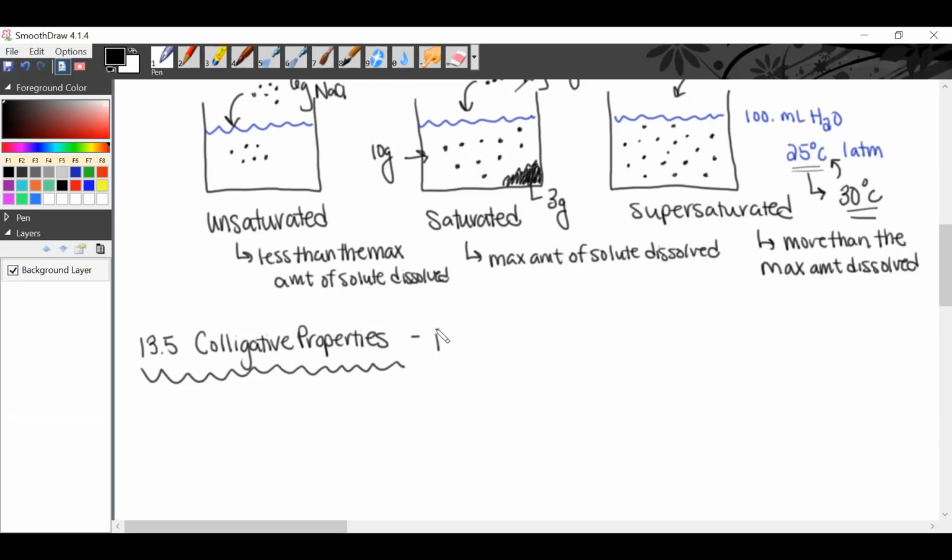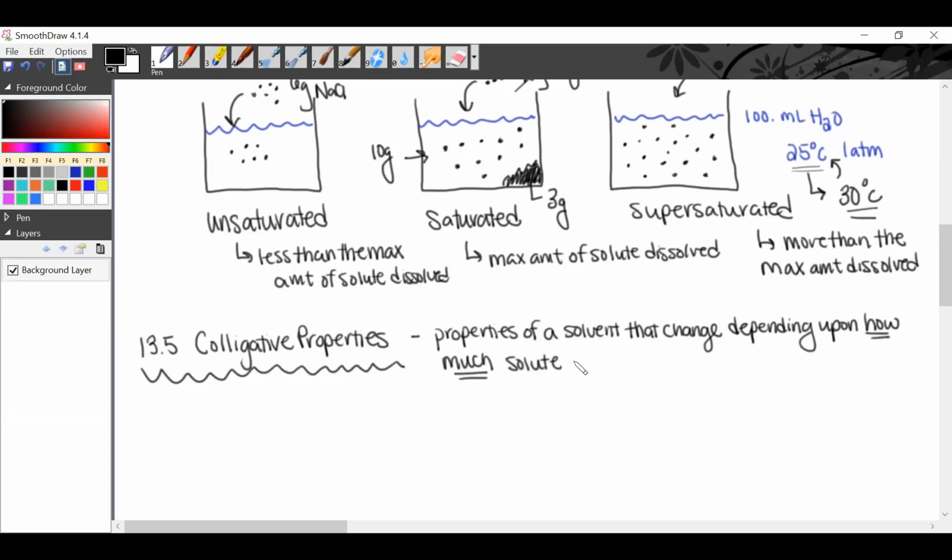Colligative properties are properties of a solvent that change depending upon how much solute is dissolved.